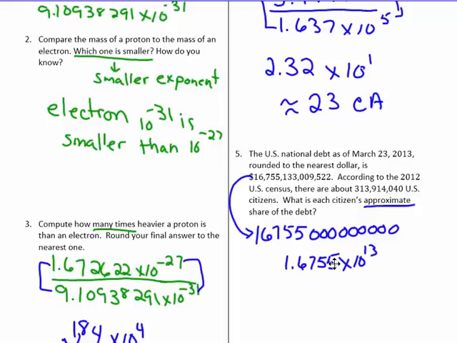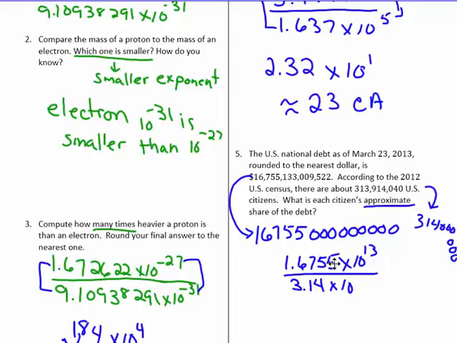Yep, 13, I hope. And for the U.S. population, if I round that to the nearest billion, it's 314 million. Anyway, then we're going to divide these.